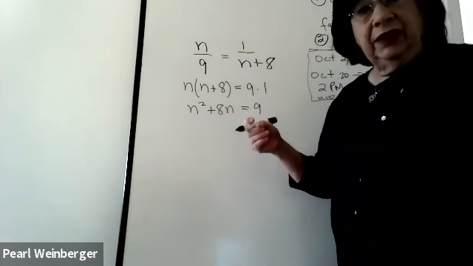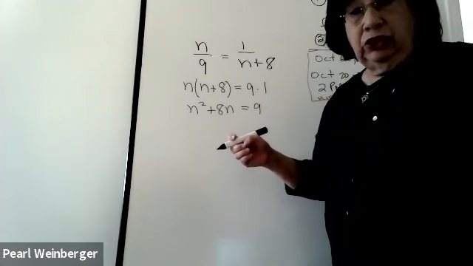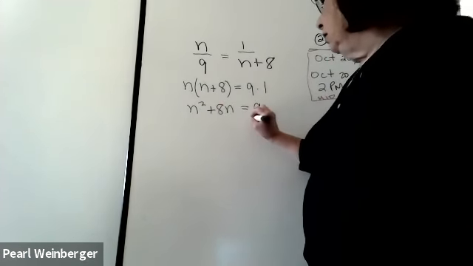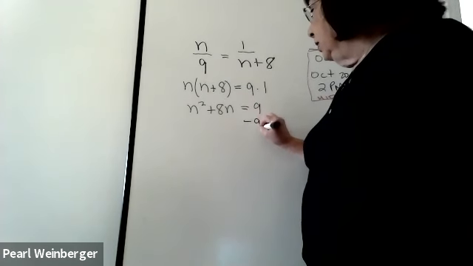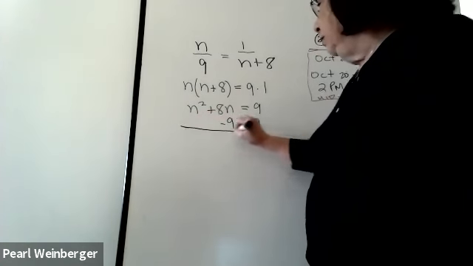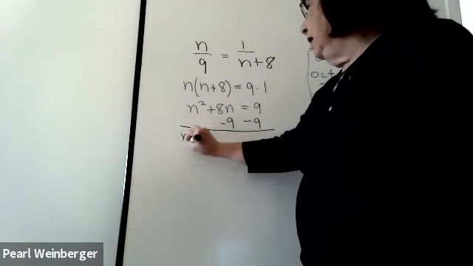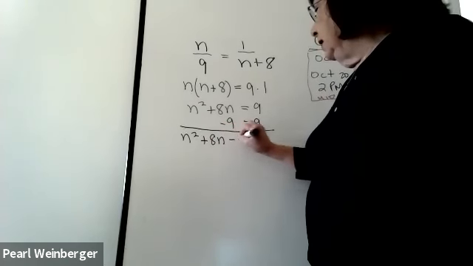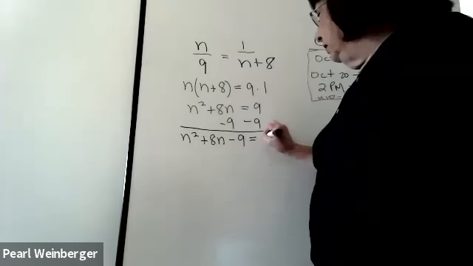Remember, when we're solving a quadratic equation, we want to get everything equal to 0 and then factor. So I'm going to bring the 9 to the other side by subtracting 9 from both sides. That'll give me n squared plus 8n minus 9 equaling 0.